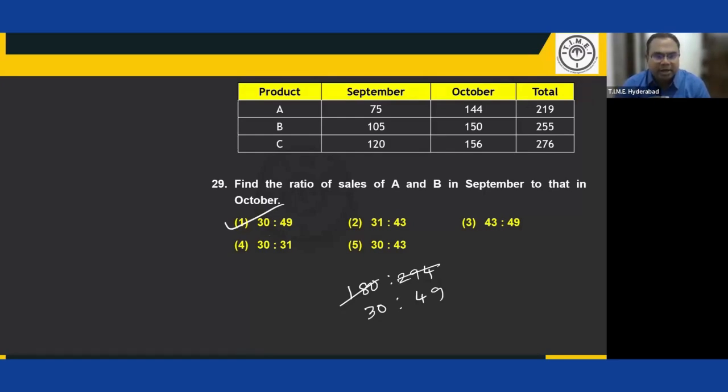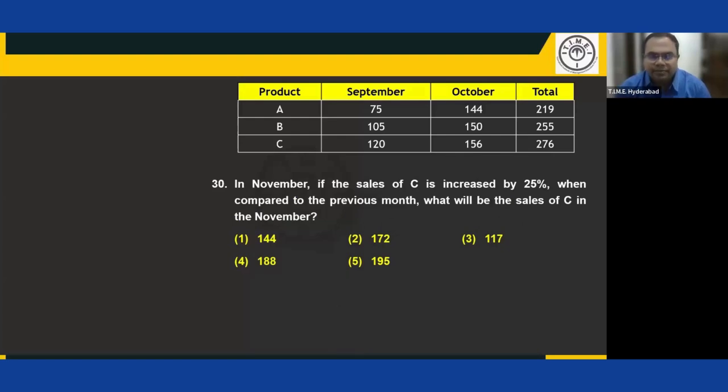Neha, correct answer. Suhana, correct answer. AS, Palak, Priyanka. Okay, let's move to the next question. Sai Durga, correct. Shima, correct. Pujita, correct.